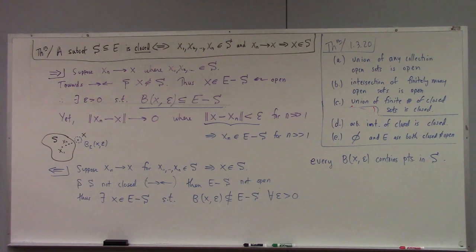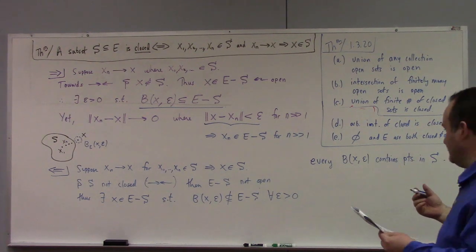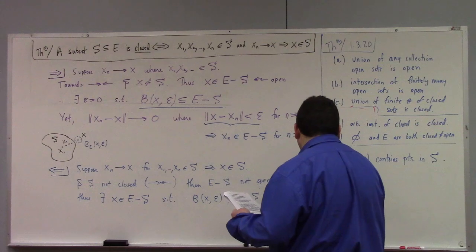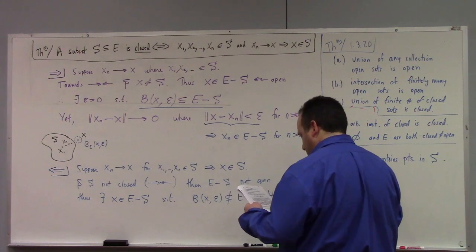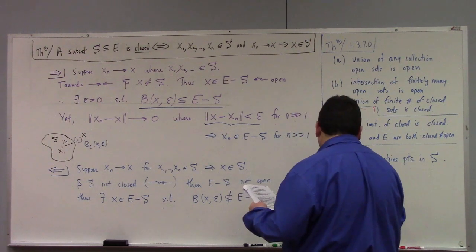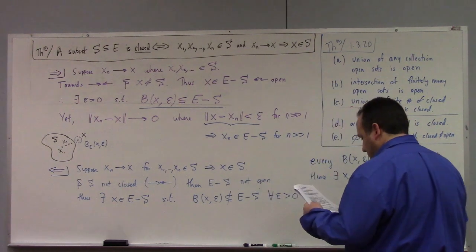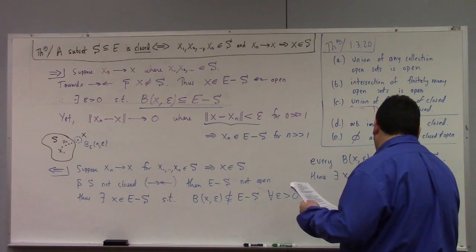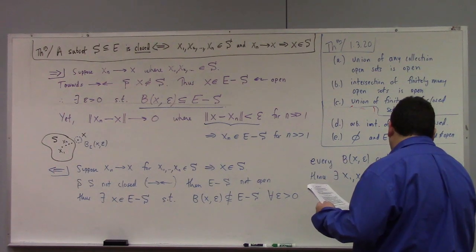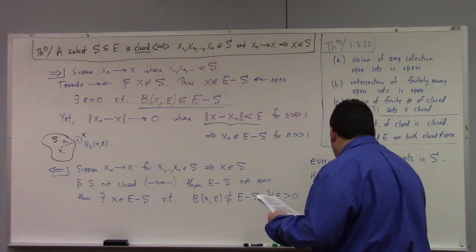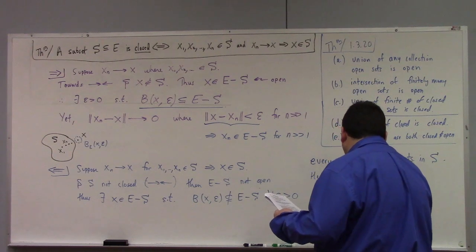And then what he says is, okay, so thus we can find x1, x2, and so on in S, for which xn is an element of the ball.